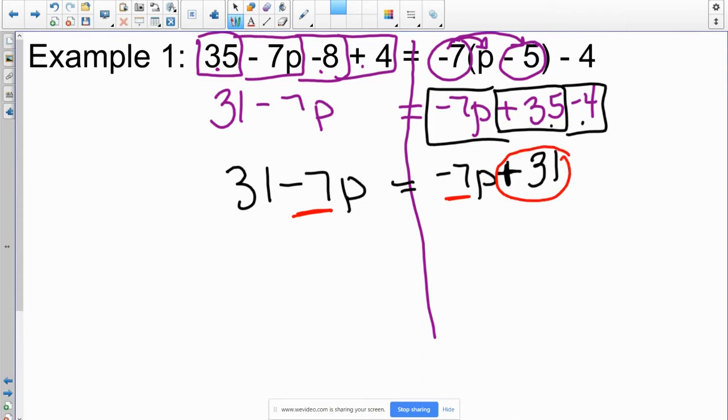I'm sorry, that's a positive 31, and this is a positive 31. So everything is the same, the same constant and the same coefficient. I can stop right now and tell you that there are infinite solutions. I could put any value in for p that I wanted, and it would make this equation true.